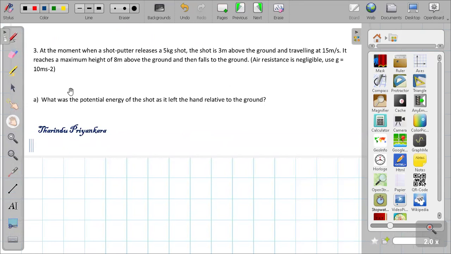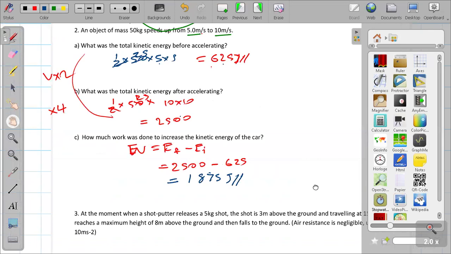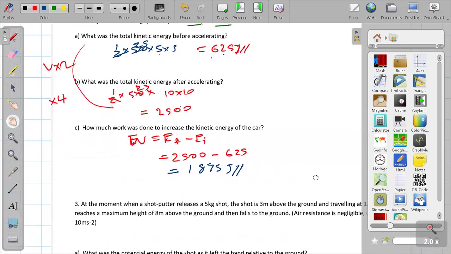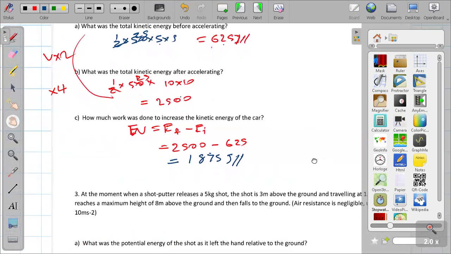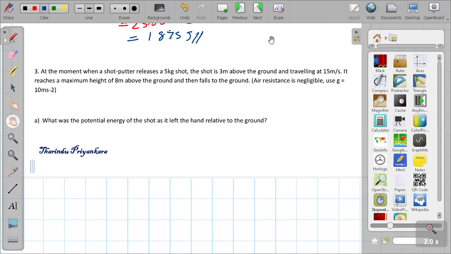Now in the third one, if you want to, you can write it. At the moment when a shot putter releases a 5 kilogram shot, the shot is 3 meters above the ground and traveling at 15 m s^-1.